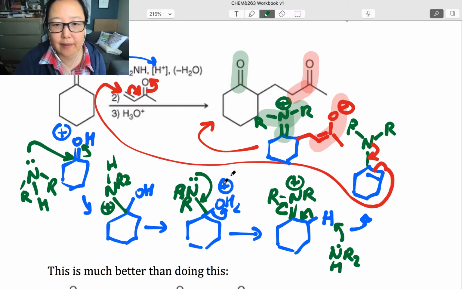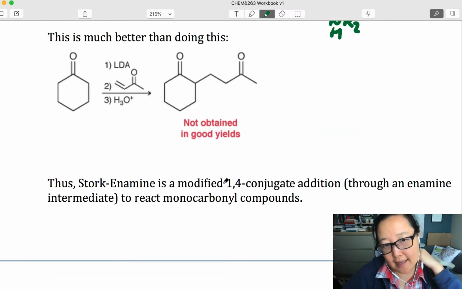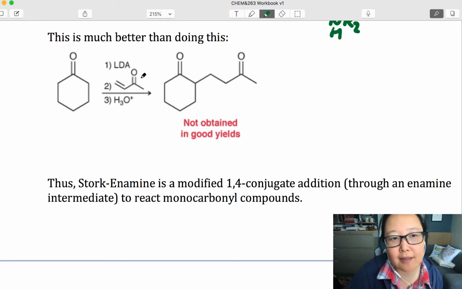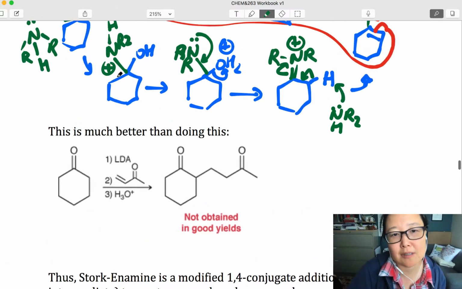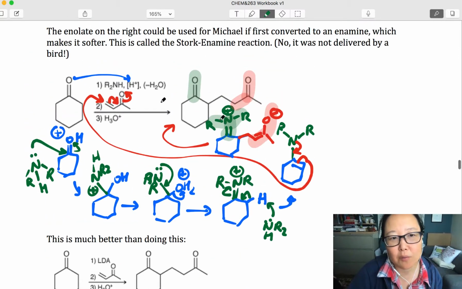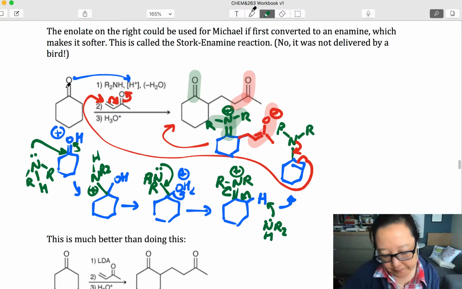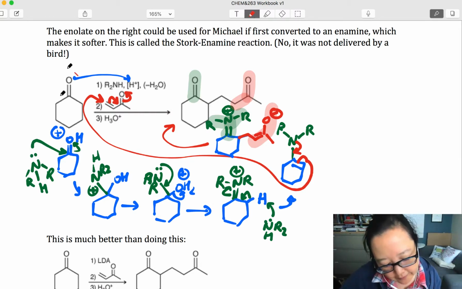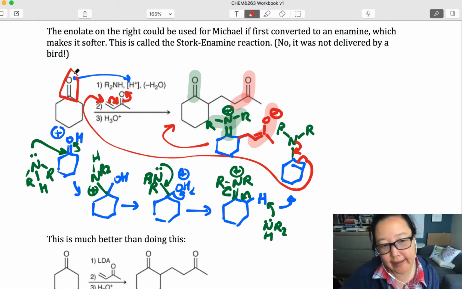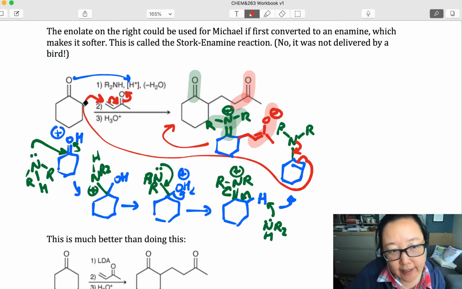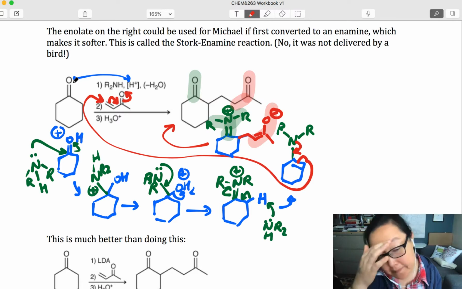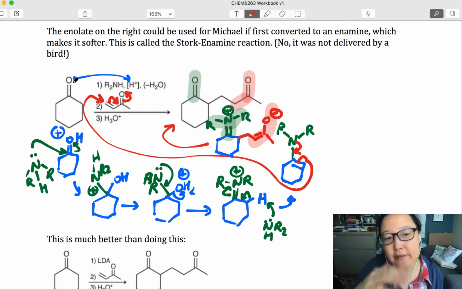All right, and so the next thing to look at is that if we tried to do a different way of alkylating, we would not get the best results. We really get the best results with this reaction going through an enamine if we just have one carbonyl. With the one carbonyl here, an enolate over here would be considered a hard nucleophile.